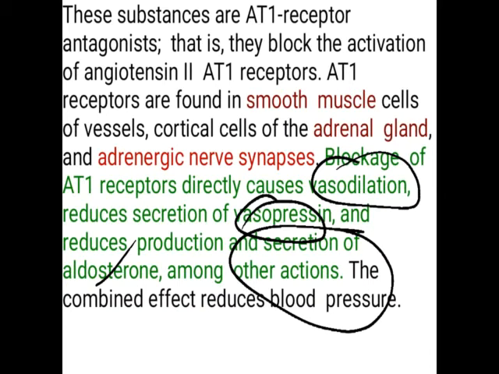So due to the decrease in aldosterone, vasopressin as well as the vasodilatation, ultimately it results in reducing the blood pressure. In this way, these receptor blockers act as antihypertensive agents by blocking the angiotensin 2 receptor type 1.